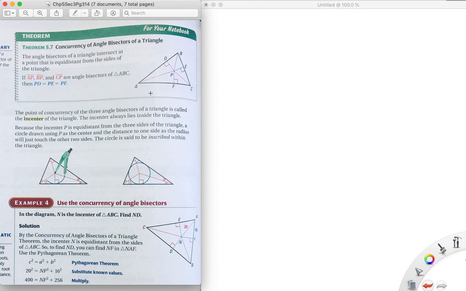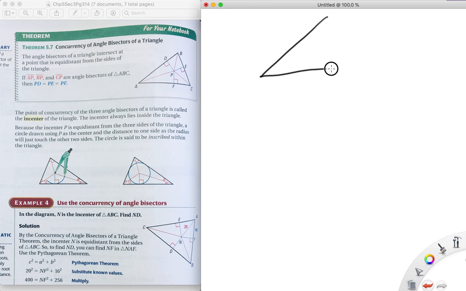So for theorem 5.7, we have this triangle ABC, and they all are being angle bisected. So the angle bisector comes this way.